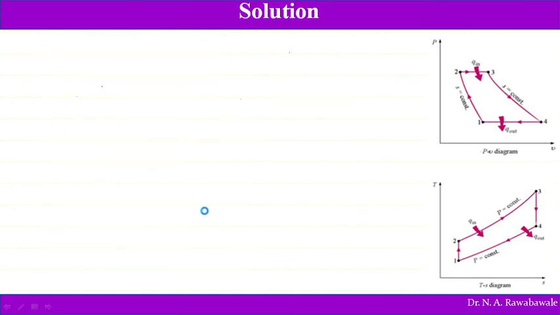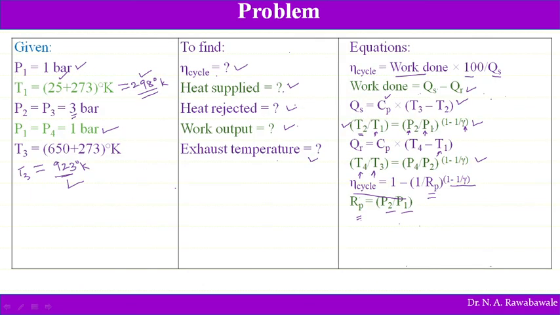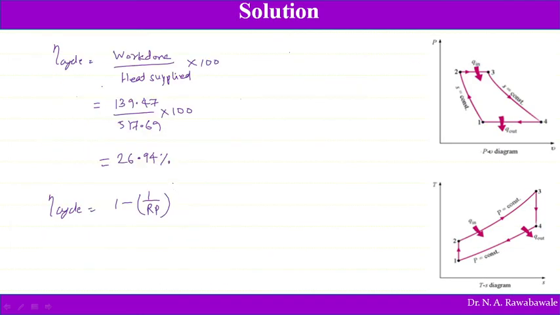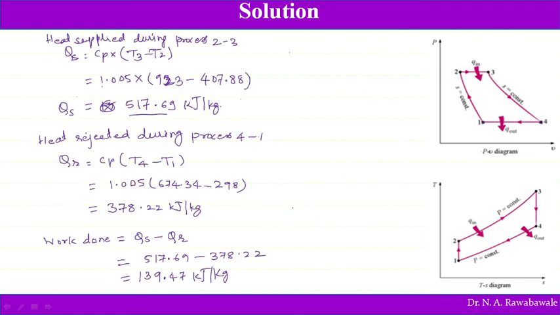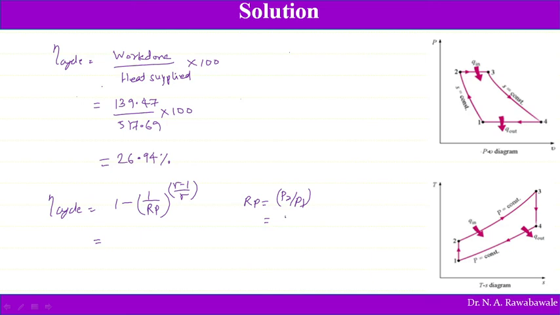Cycle efficiency is given by 1 minus 1 divided by Rp to the power of gamma minus 1 divided by gamma. Pressure ratio Rp is equal to P2 divided by P1, P2 is 3 bar, P1 is 1 bar. So pressure ratio is 3.